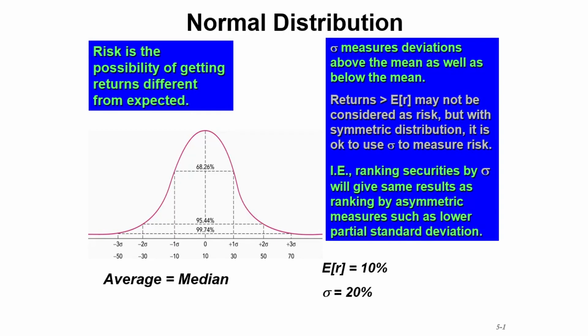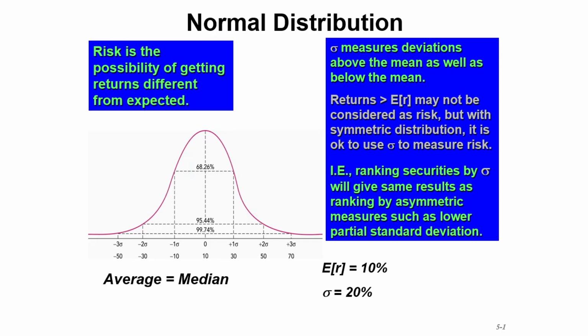Let's begin with the classic normal distribution. In this example, the expected return, E sub r, is 10%, and the standard deviation is 20%. When a distribution is symmetrical, the average equals the median, which makes standard deviation a practical measure of risk, even though most investors only care about the downside risk.